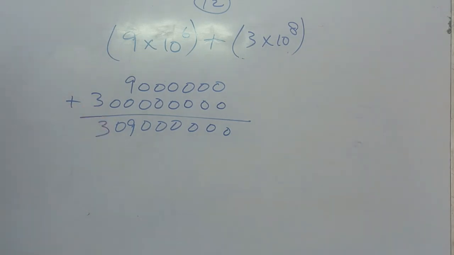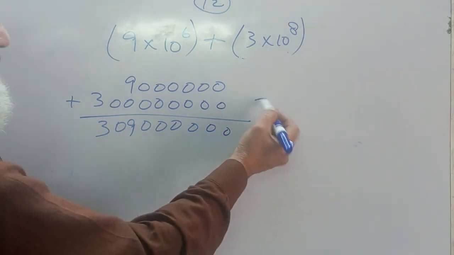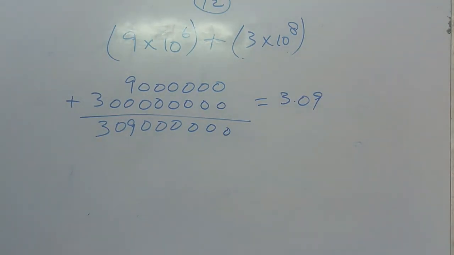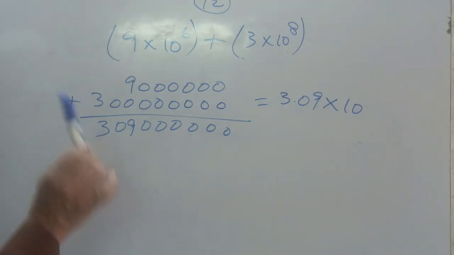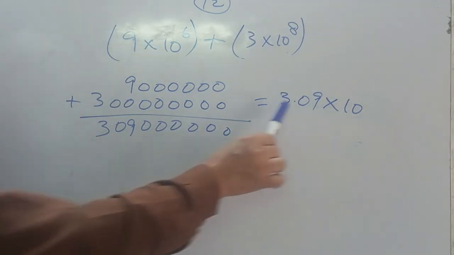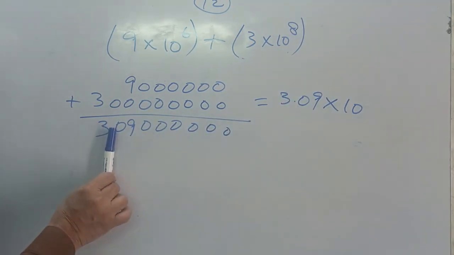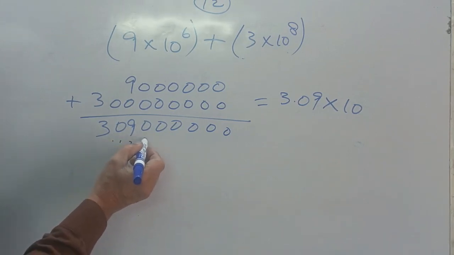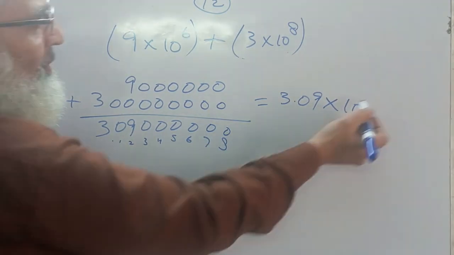Now we'll take it back to standard form. It will become 3.09. Now we'll multiply it by 10 and count from where we have put the decimal sign. So we'll count 1 2 3 4 5 6 7 8, so it will become 8.